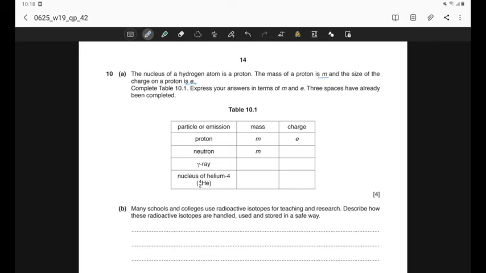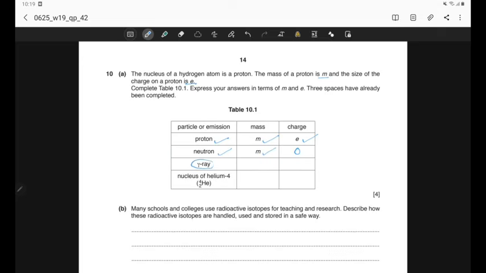So we have the particle or emission of a proton and its mass is m and its charge is E, which is already mentioned. And if we have neutron, the mass of neutron is same as the mass of a proton. So we can use the symbol m. What is the charge of a neutron? So we know that the neutron has no charge, so we can write 0.